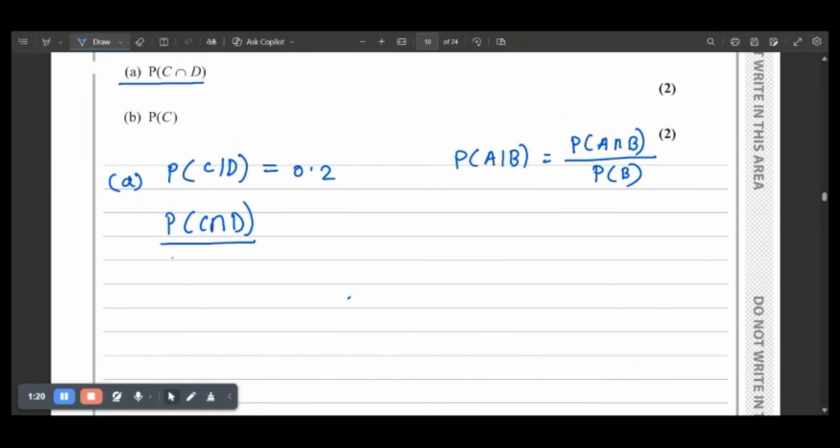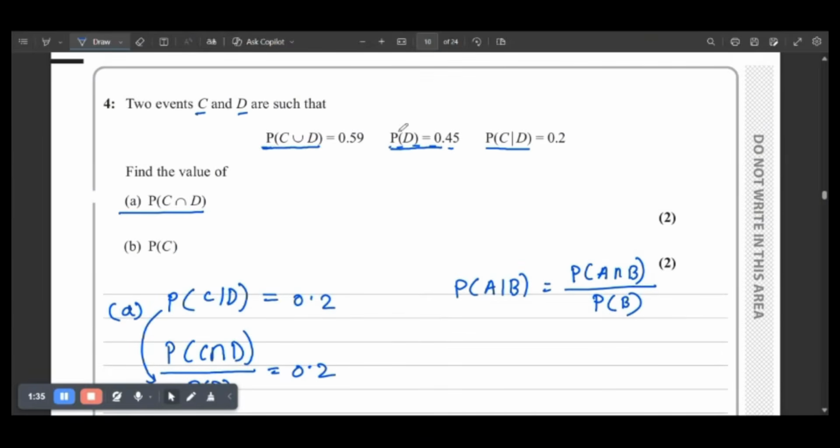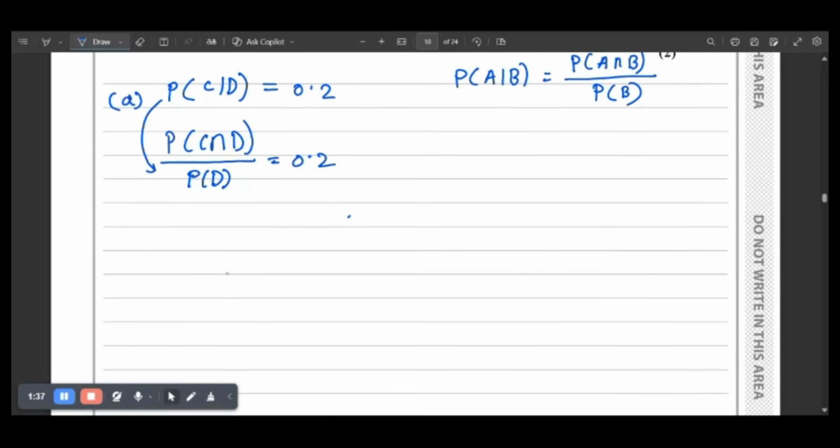So we'll do the same thing here. Our conditional probability will equal the probability of C intersection D divided by the probability of D. This will equal 0.2. From the question we already know the probability of D, which is 0.45. So we will substitute this inside.